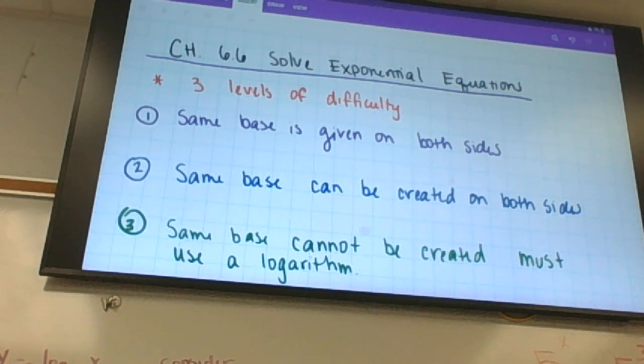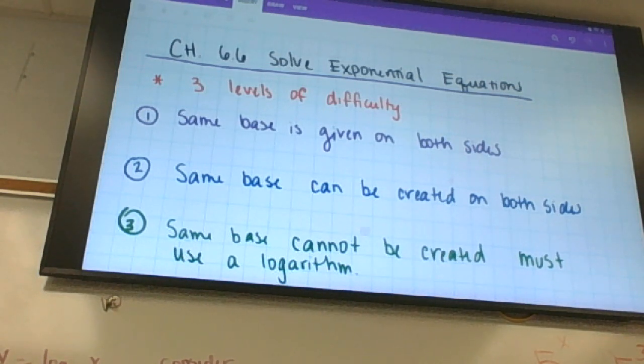This one you would rewrite as 5 to the negative 1, and this one you would rewrite as 5 squared. The middle difficulty is it's not the same base, but you can see how the same base can be created. You create the same base.